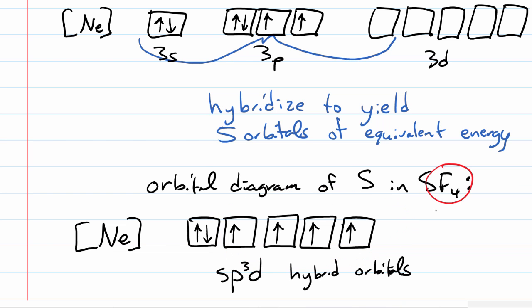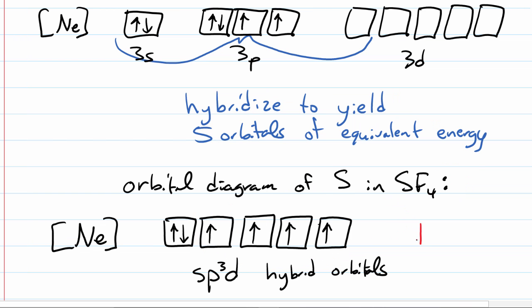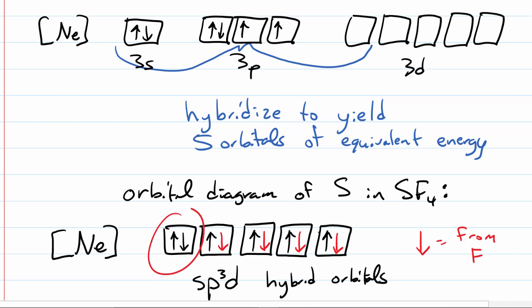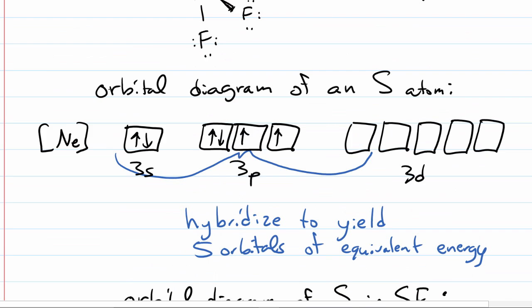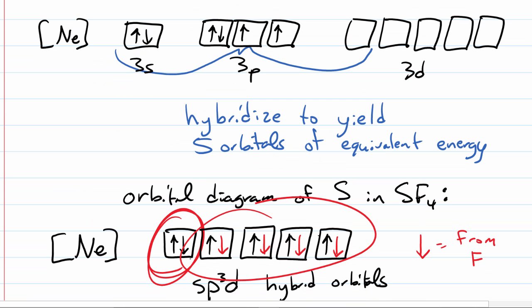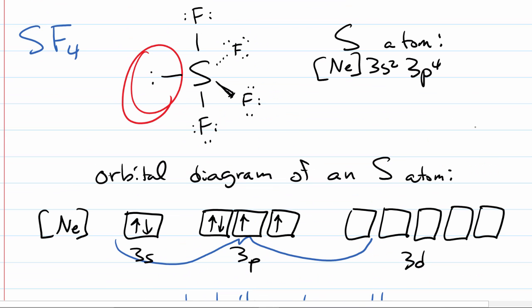So if we would represent it, again I'm putting these in a different color, I will show these electrons here that tells us that these are the ones that come from the fluorine. And we put in 1, 2, 3, 4. And what this will tell us is that in SF4 we have 1 lone pair, which is right here, and it tells us we have 4 bonding pairs, which are the 4 bonds that we have right here in the SF4.